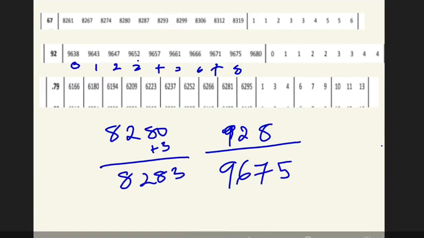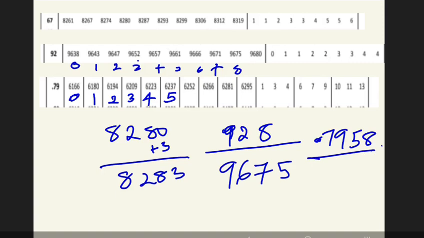So let's count. We have 1, 2, 3. This is a 0. That is a 0. 1, 2, 3, 4, 5. So what we are looking for is the antilog of 79 under 5, difference 8.